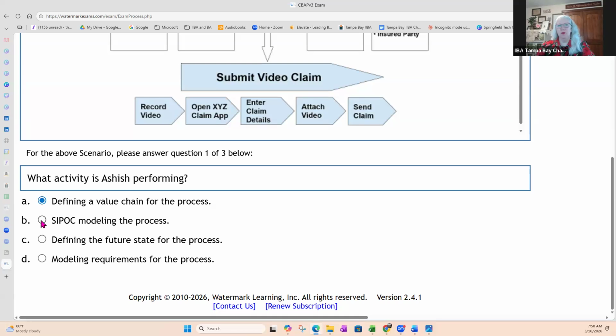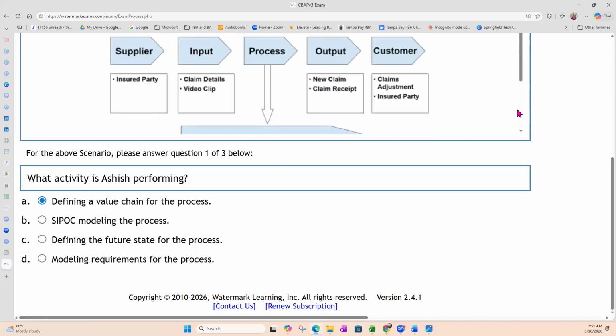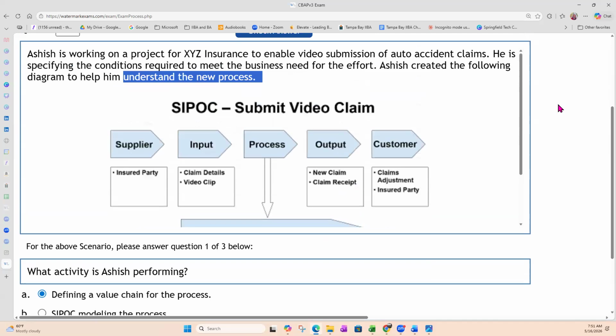We're creating a SIPOC model, but he is doing that SIPOC model to understand the entire process as well. This activity is one he had already done for Ashish. And Ashish can use the SIPOC modeling.